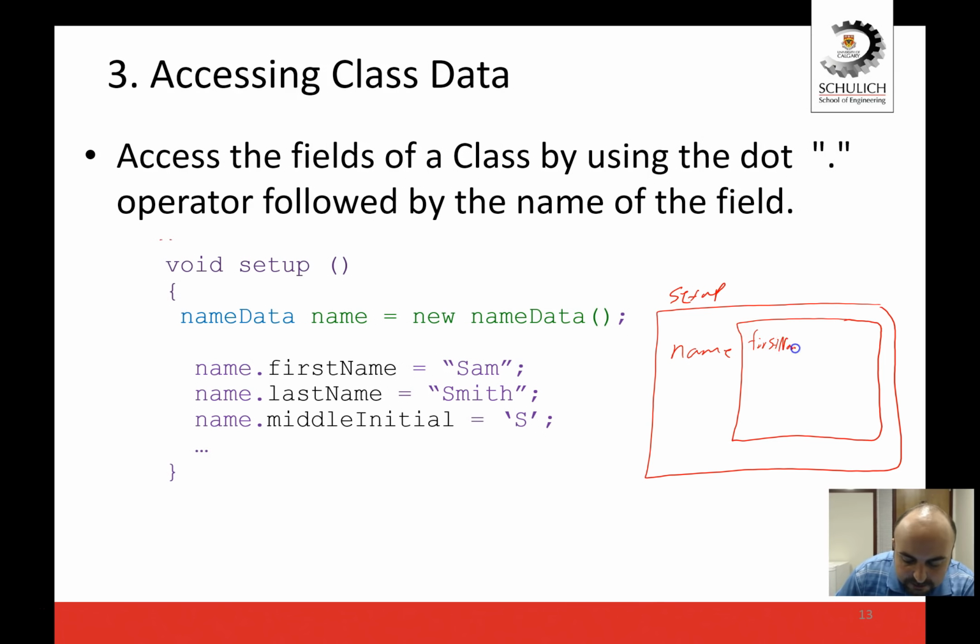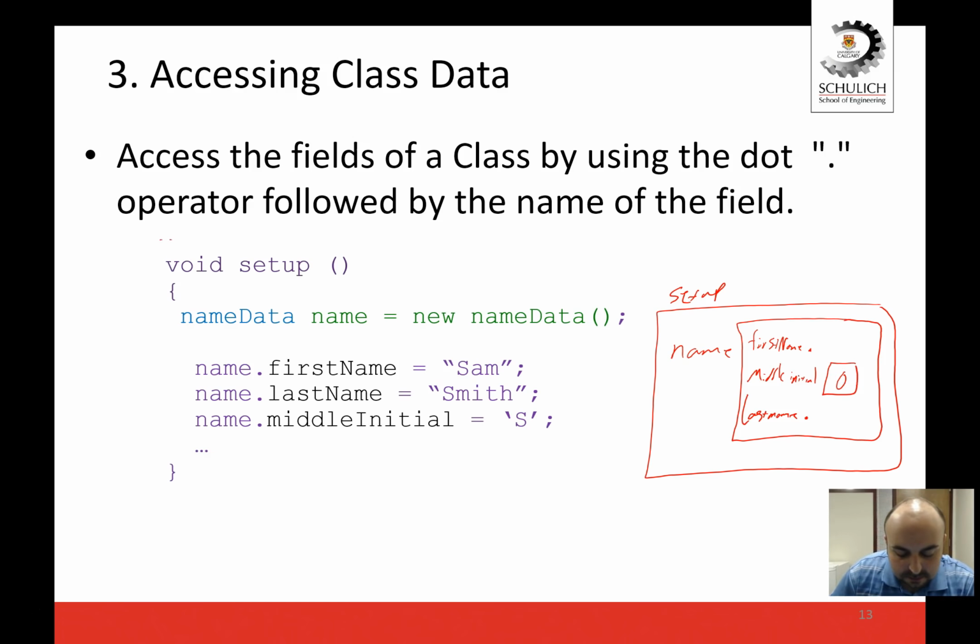So first name, they're all null, and middle initial is basically set to 0 because it initializes things.